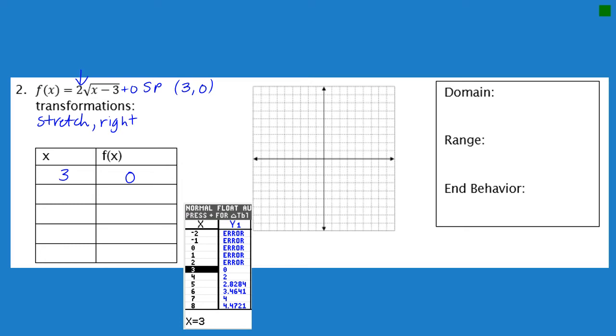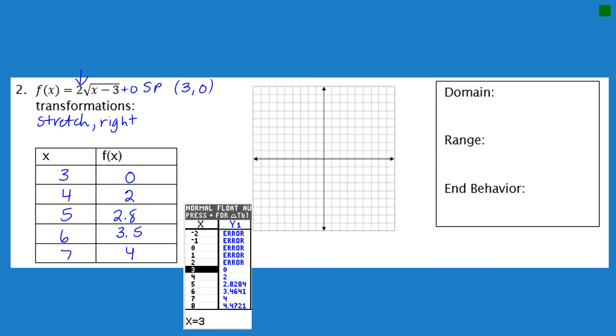Remember that we chose the starting point because everything below the starting point is going to give you errors for the y value. So 3, 0 is my starting point, and then I have 4, 2, 5, 2.8, 6, 3.5, which I rounded a little bit, and then 7, 4.